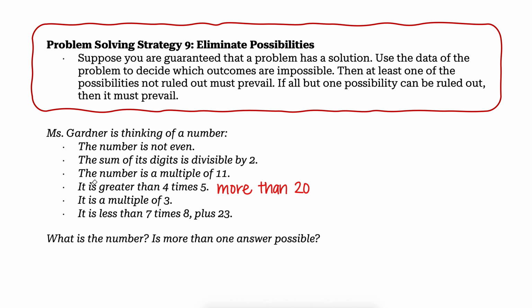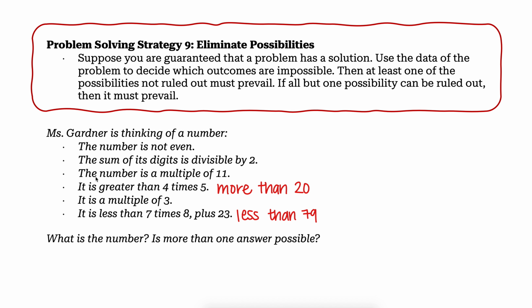And then down here, we're told that it is less than 7 times 8 plus 23. 7 times 8 is 56. 56 plus 23 is 79. So it's less than 79. So now we know our number is more than 20, less than 79.